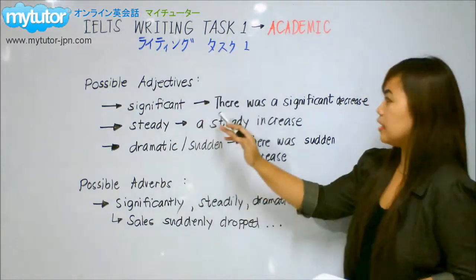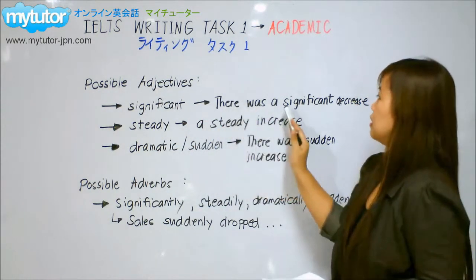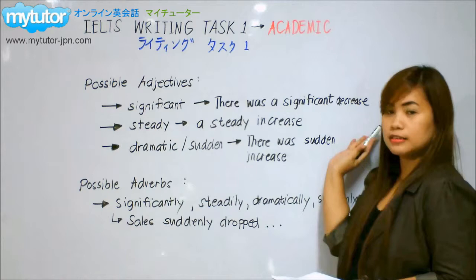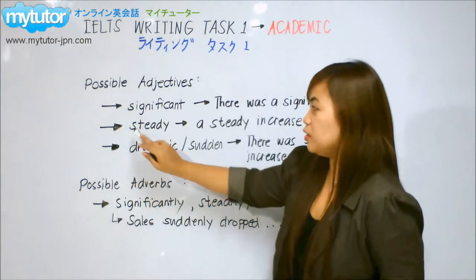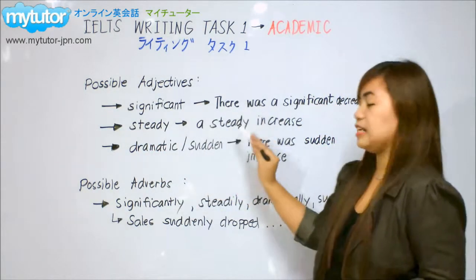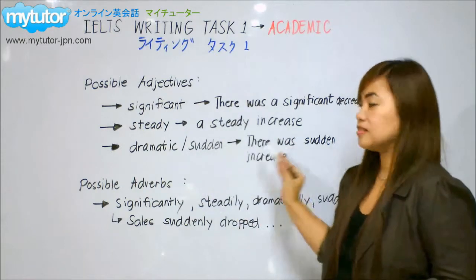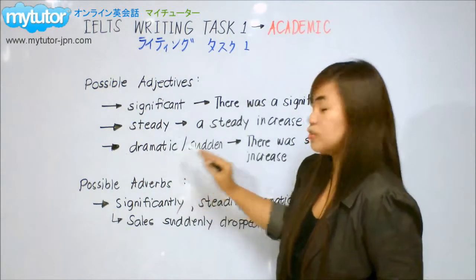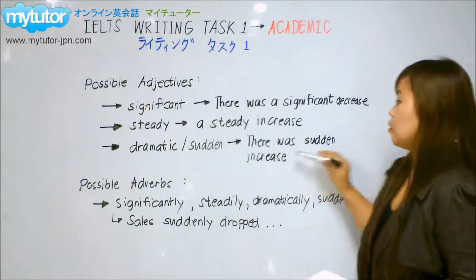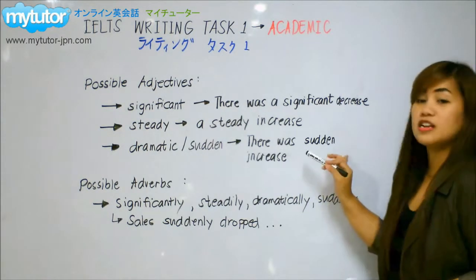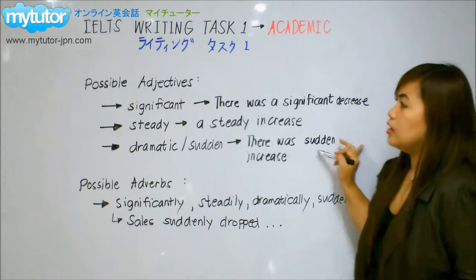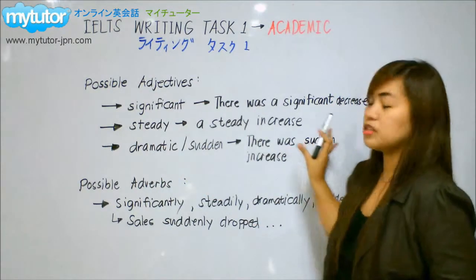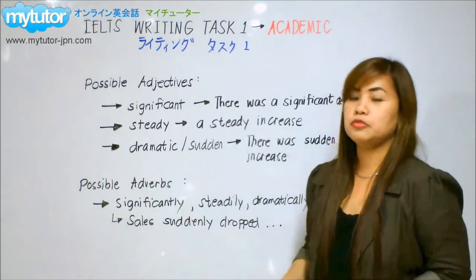So you can say there was a significant decrease or increase. We can make use of the word steady: a steady increase, a steady decrease. Dramatic or sudden: you can say there was a sudden increase, a sudden decrease. So these are samples of possible adjectives to use.